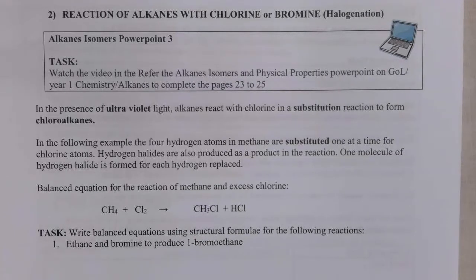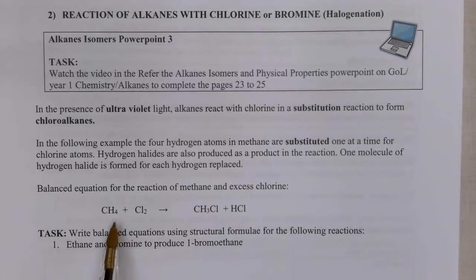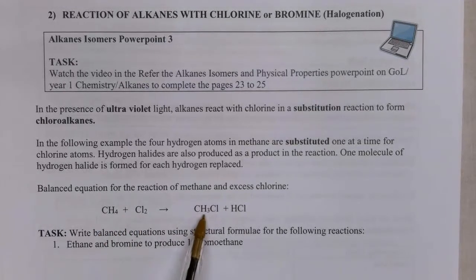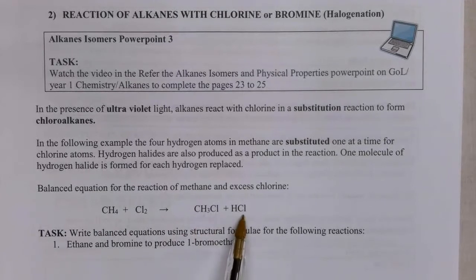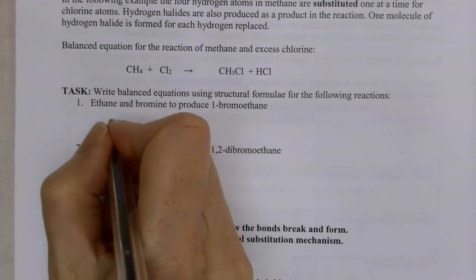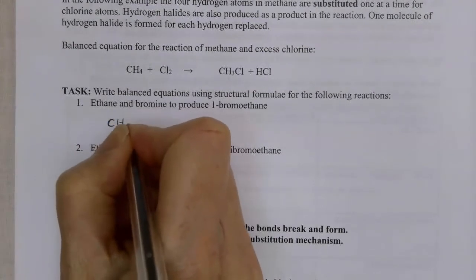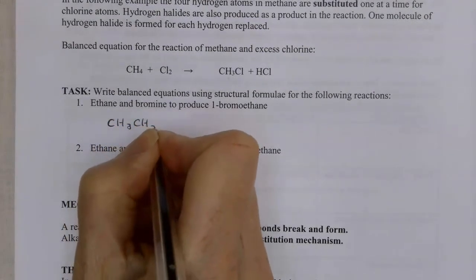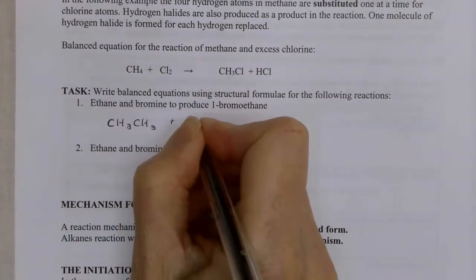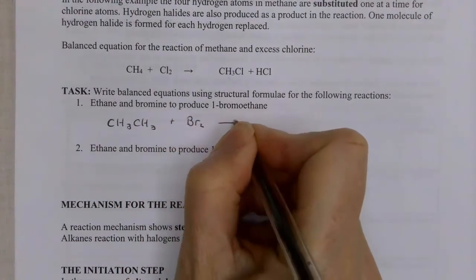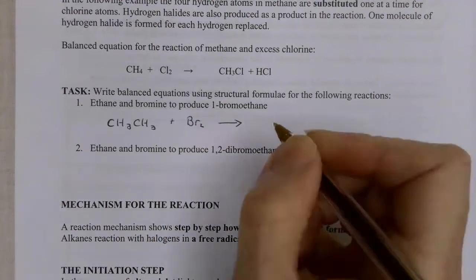So the overall equation for this is we have our methane reacting with chlorine to make chloromethane and hydrogen chloride. So we can have ethane, CH3CH3, reacting with bromine to form 1-bromoethane.